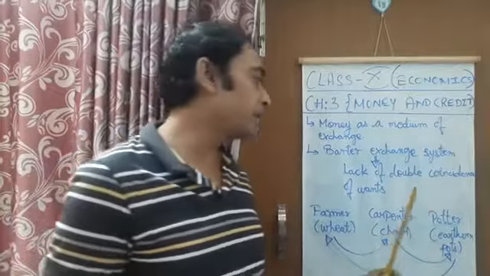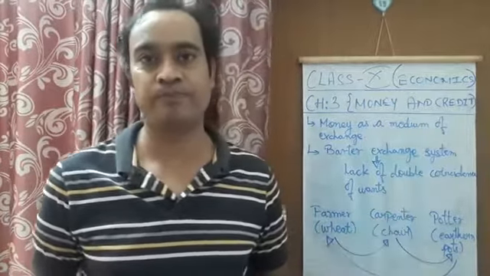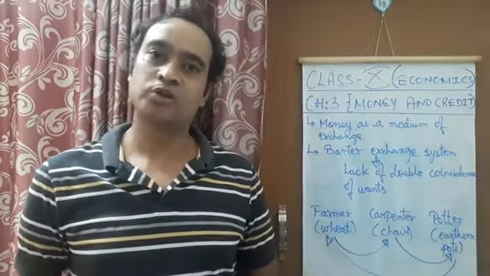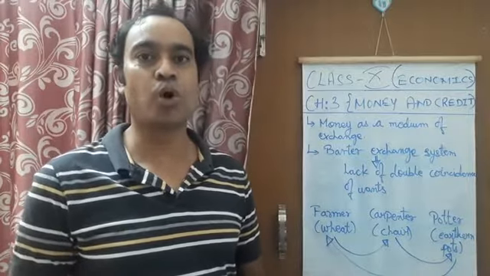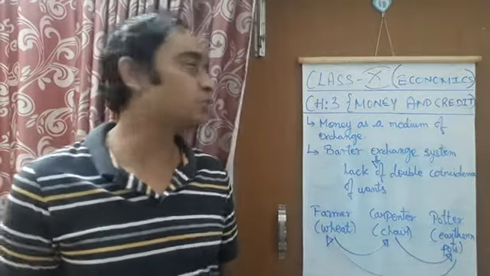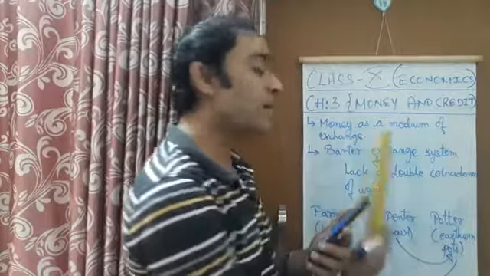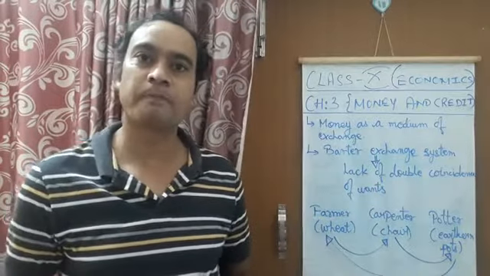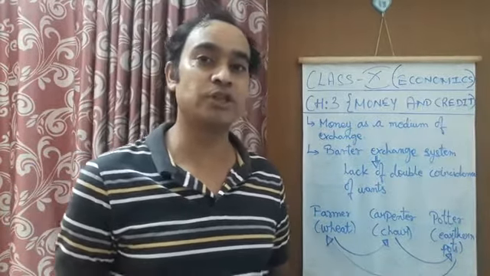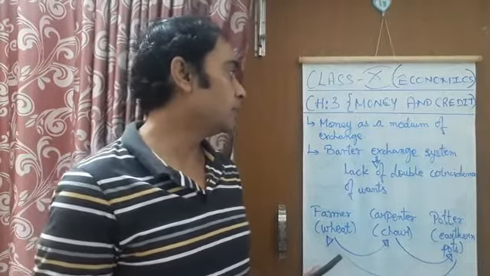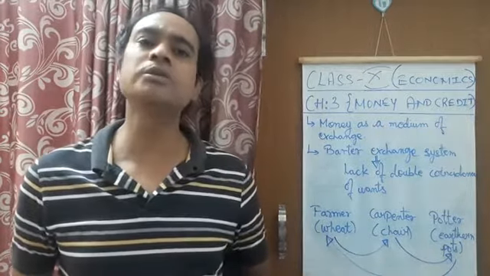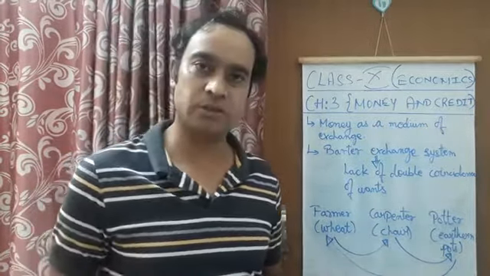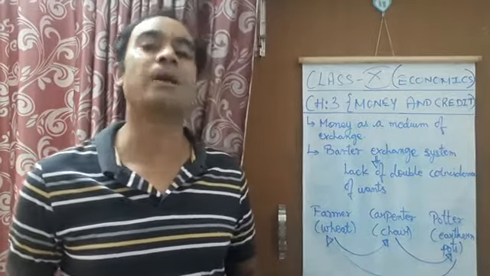So this is a big difficulty in the barter exchange system. Therefore, we say that money is the best medium of exchange, and that is why through money we can easily exchange any type of good or service, which was not possible in the barter exchange system.